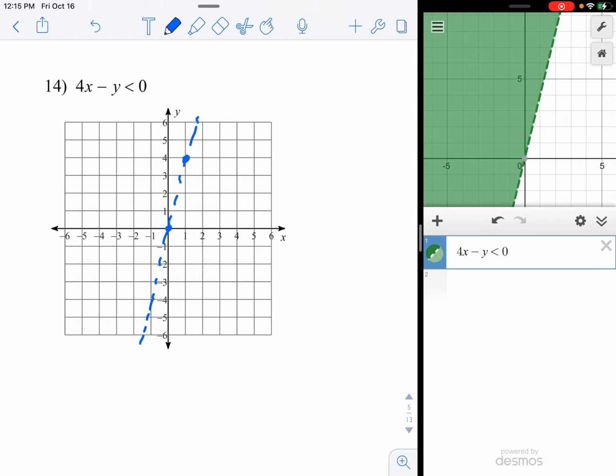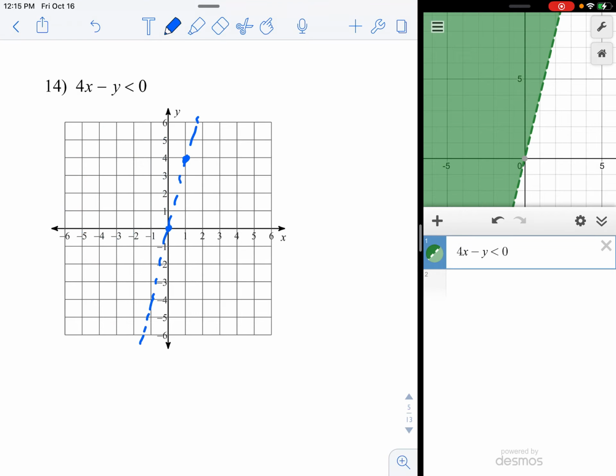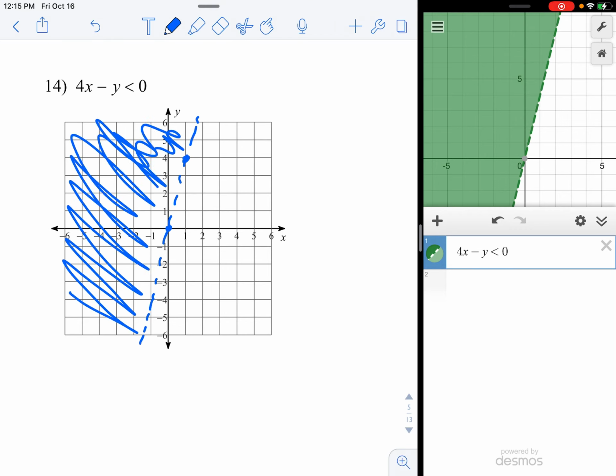By the way, I'm using a highlighter. If you're doing pencil and paper, oh, my dog just jumped up on my lap. Okay. If you're using pencil and paper, it's okay to just scribble for your shading. That's fine. I guess that's kind of bad where I scribbled, I covered up my dotted line. So if you're going to scribble, maybe do something kind of like that. You know what I mean?